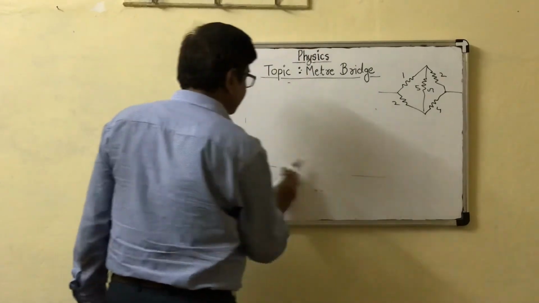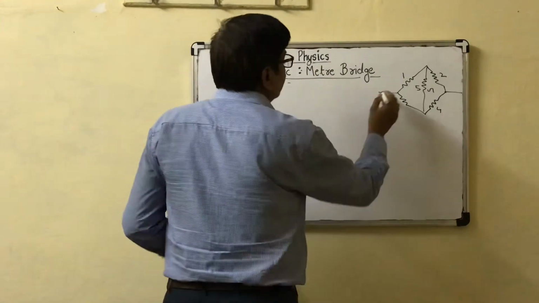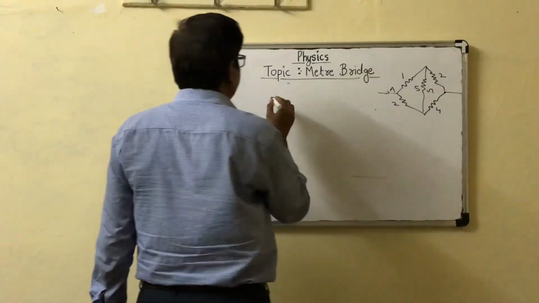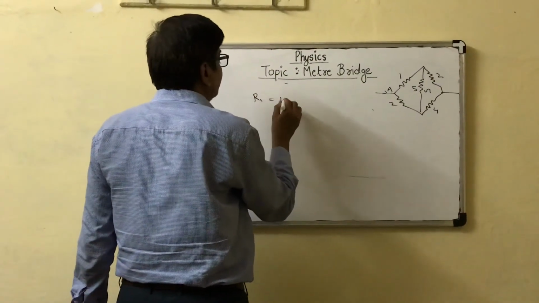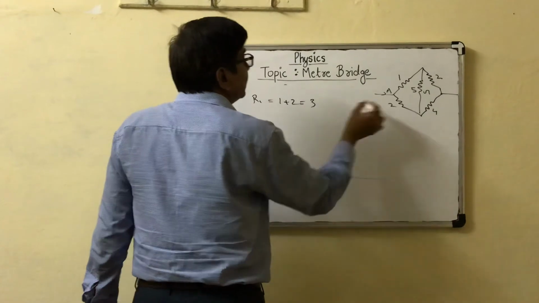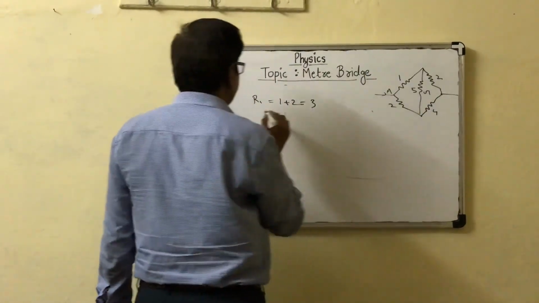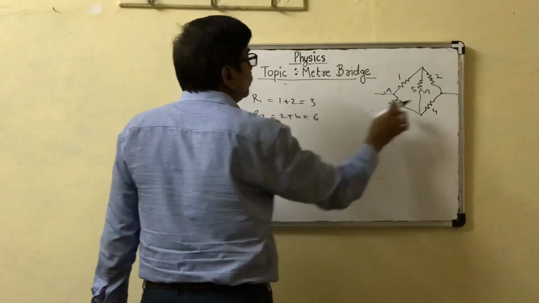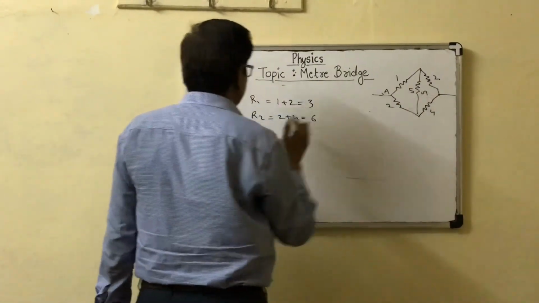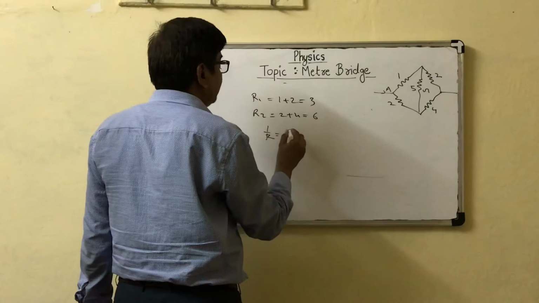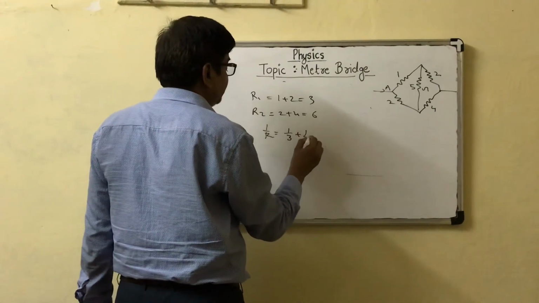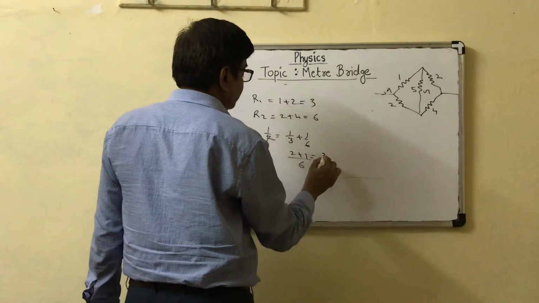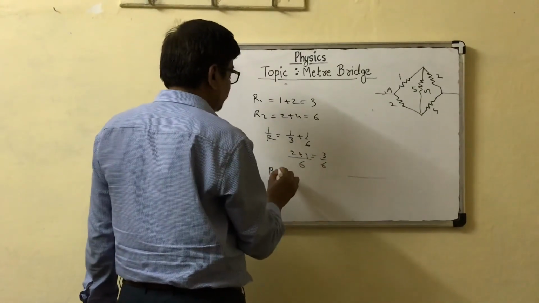So what is total resistance? Suppose this is A, this is connected in series, that is 1 plus 2, and this is connected in series, that is 2 plus 4. No current flows through this section, so all are connected in parallel. 1 by 3 plus 1 by 6, take 6 LCM, 2 plus 1, 3 by 6, the value of R is 2.